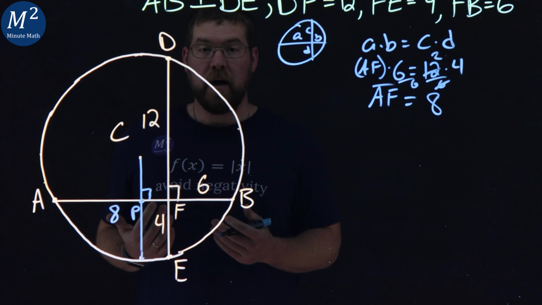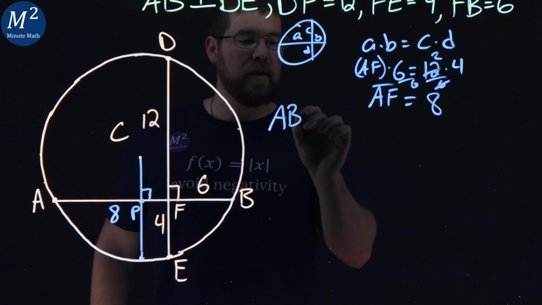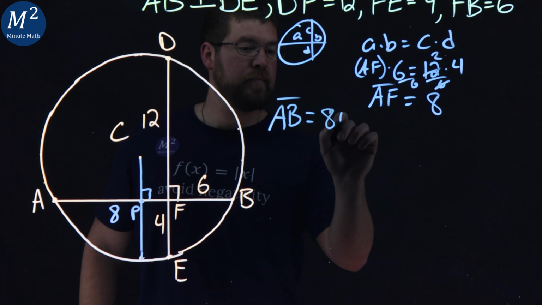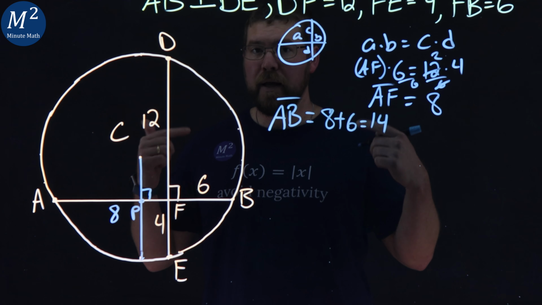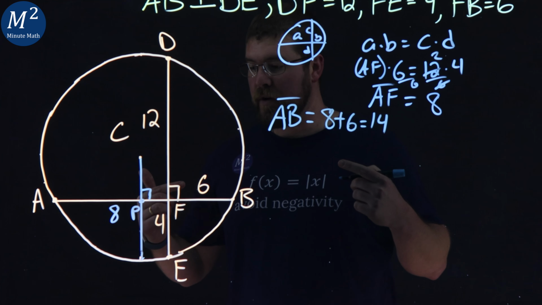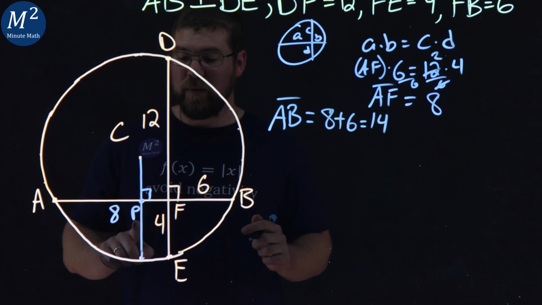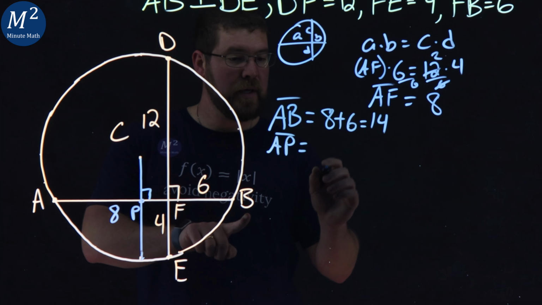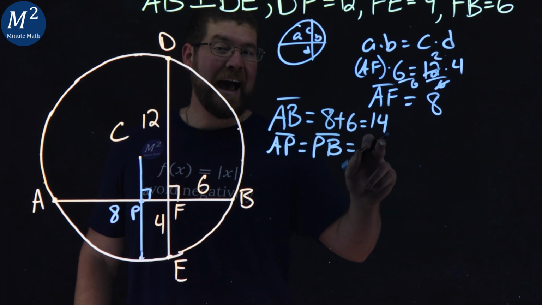So how does that help us here? Well, what's the overall length of AB here? AB has a length of 8 plus 6, which is 14, meaning from the radius intersecting the chord theorem, that AP should be equal to PB, which is equal to half of 14.